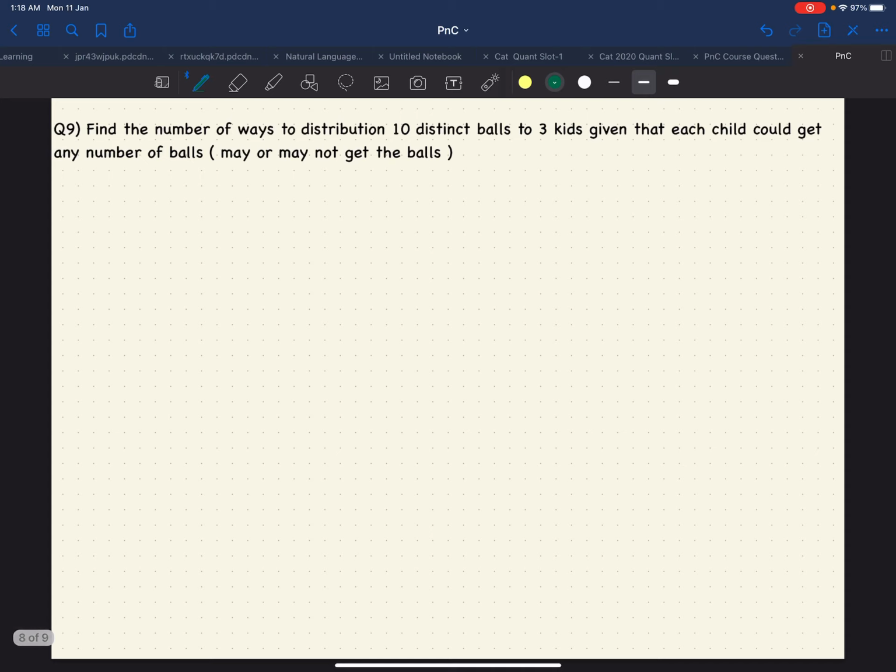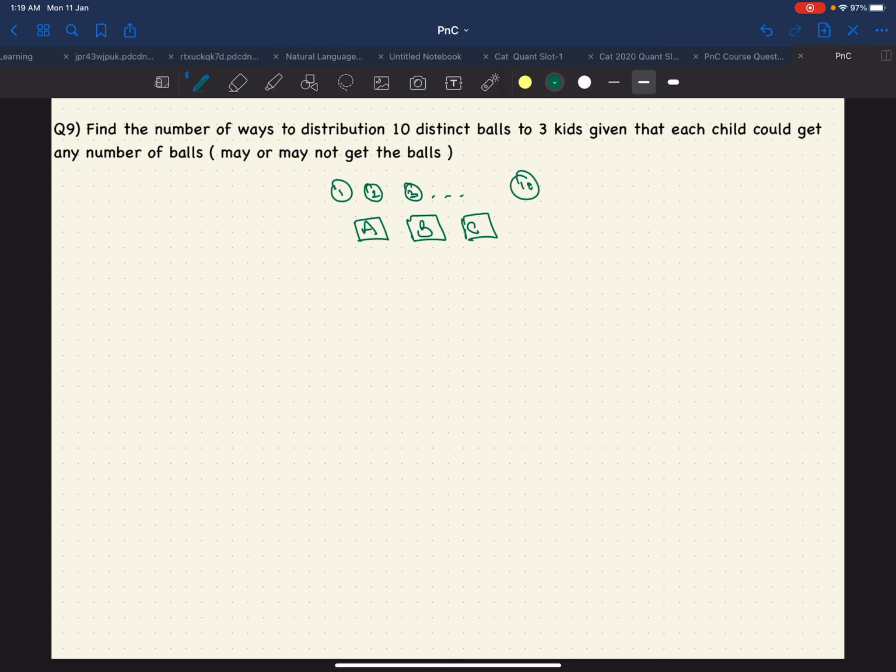Okay, question 9. Find the number of ways to distribute 10 distinct balls to 3 kids given that each child could get any number of balls and each of them may or may not even get any ball. So there are 10 distinct balls, and once again there are 3 kids.